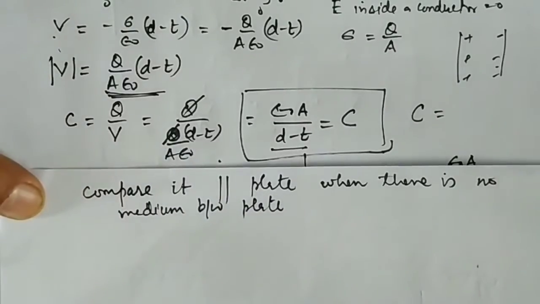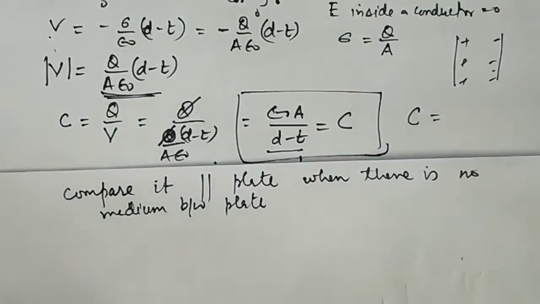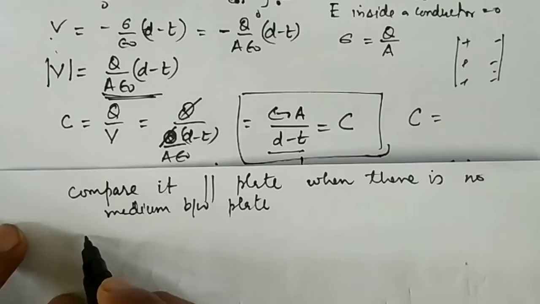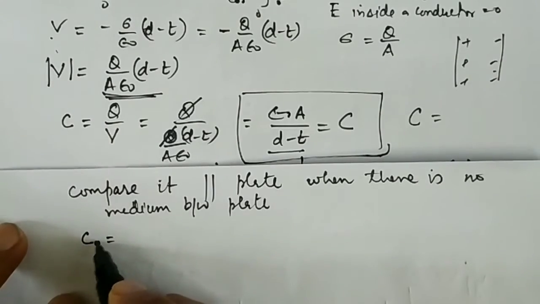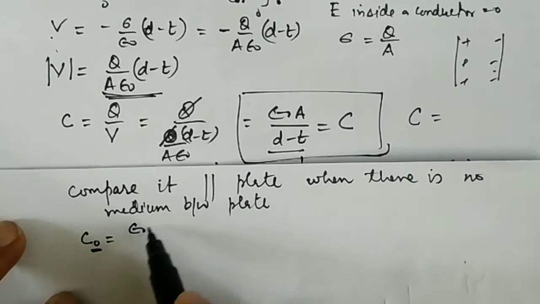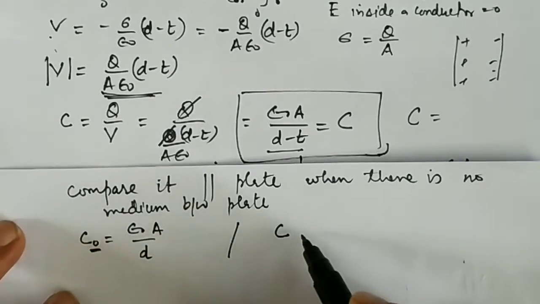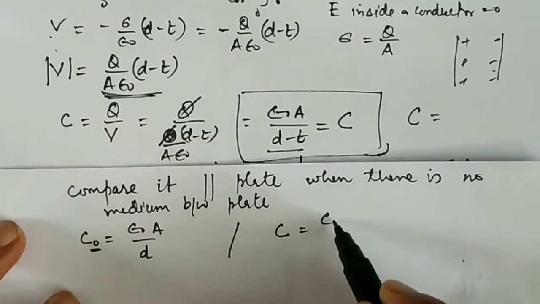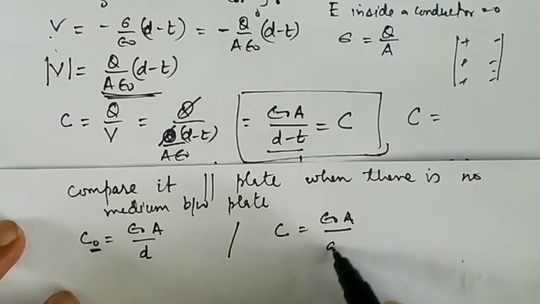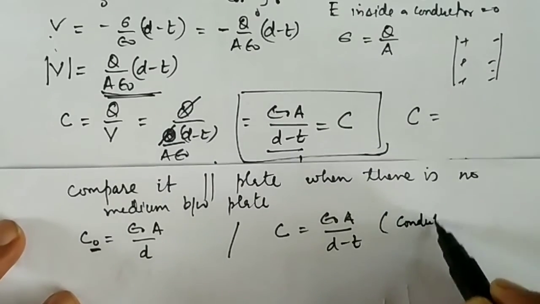If you compare it with the parallel plate capacitor when nothing is there, only vacuum, I take it as C naught, which is epsilon naught A divided by d. With the conducting slab introduced, it is epsilon naught A divided by (d minus t).